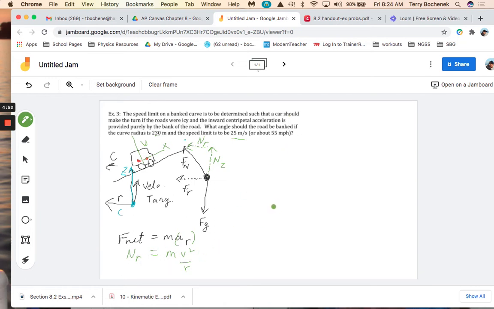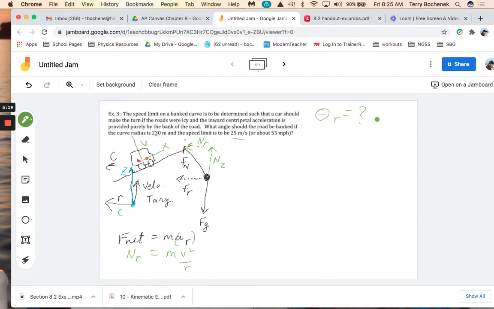Okay, so now the problem here is we need to figure out what angle the road needs to be banked at so that just that radial force from the normal force keeps us in a nice constant radius path, meaning we're not sliding down the hill to shorten up the radius of the turn, and we're not sliding away upwards on the hill, like you might have seen in a NASCAR crash or something like that.